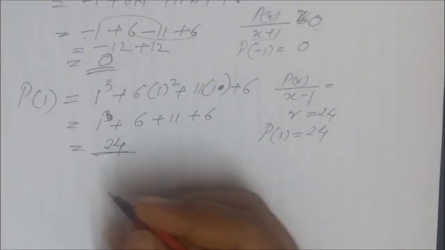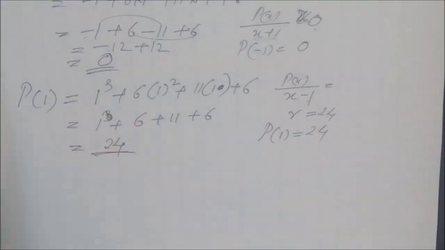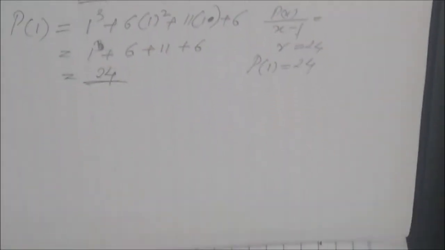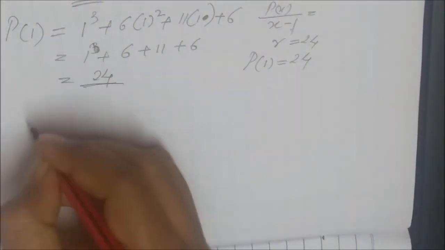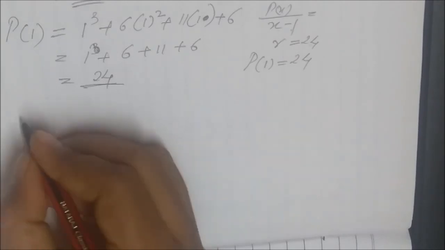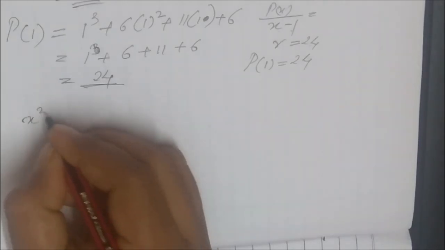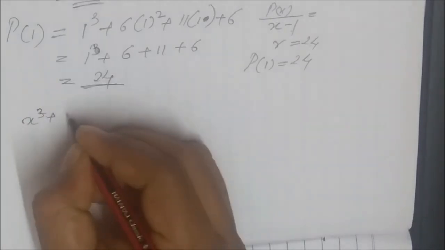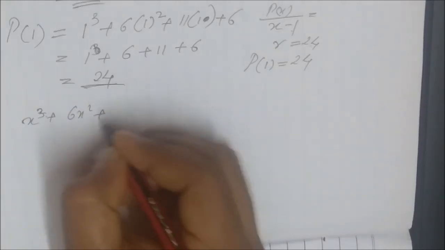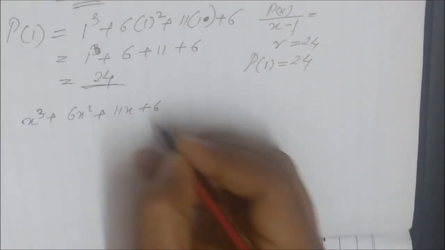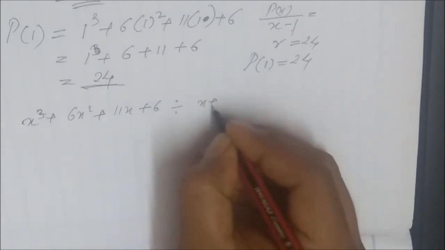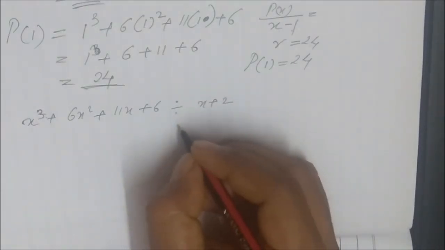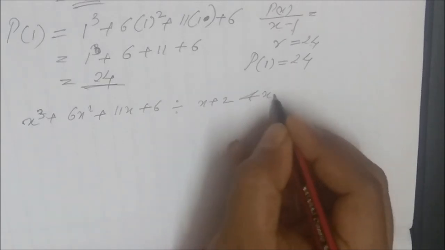Now let's try some other number also, because instead of 1 we can try with 2. So that is for you. Just divide the same polynomial, x cube plus 6x squared plus 11x plus 6, by x plus 2 and x minus 2.